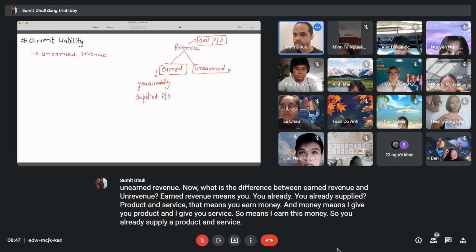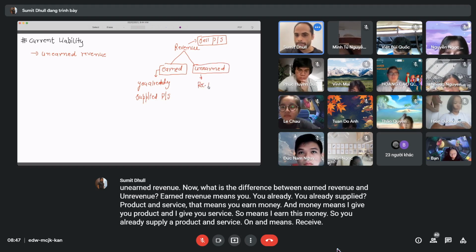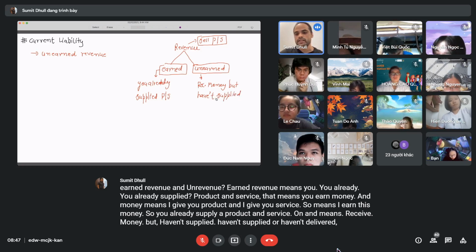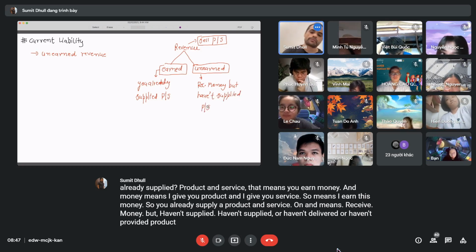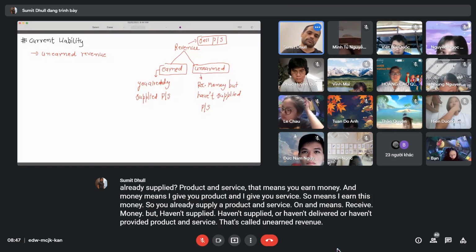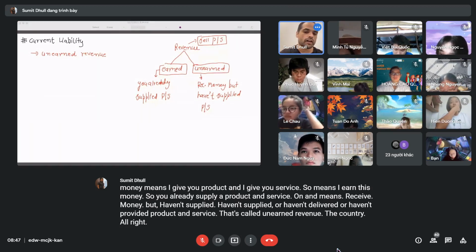Unearned means you receive money but haven't supplied, delivered or provided product and service. That's called unearned revenue. Earned revenue and unearned revenue.